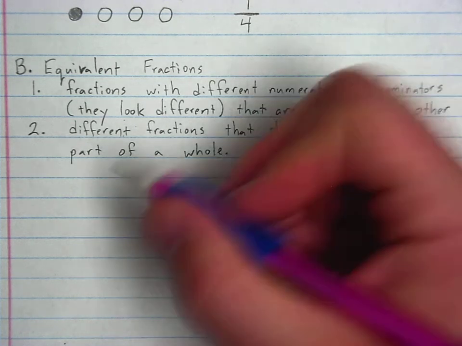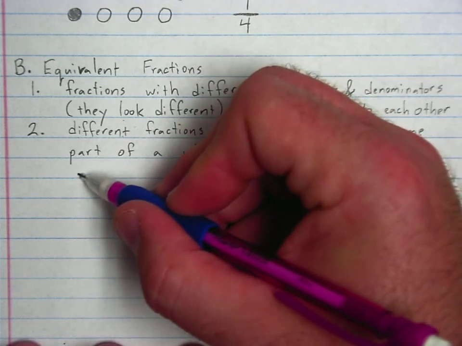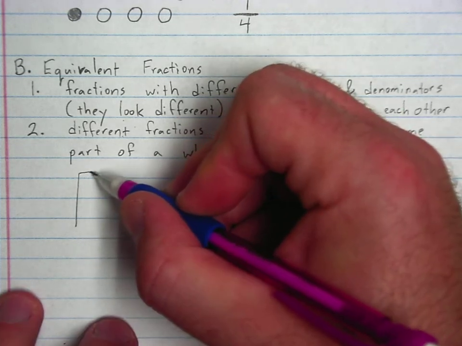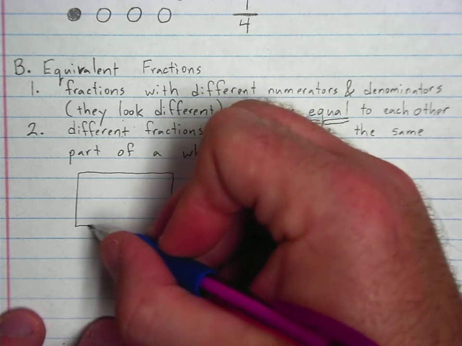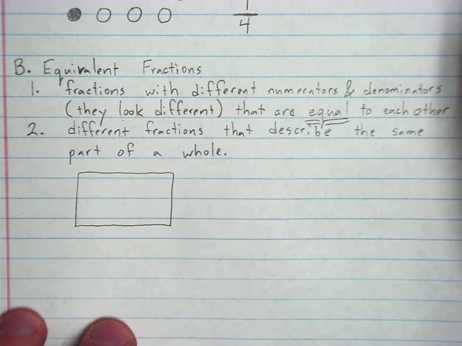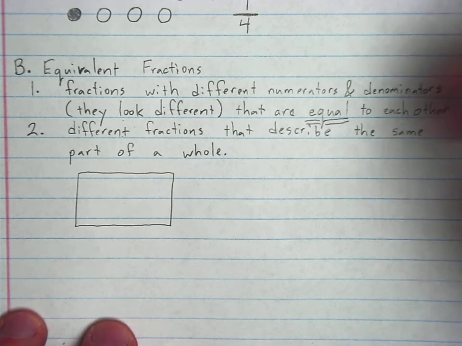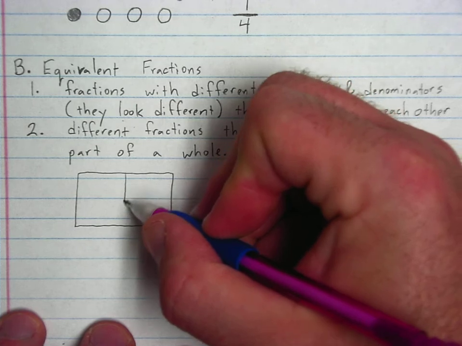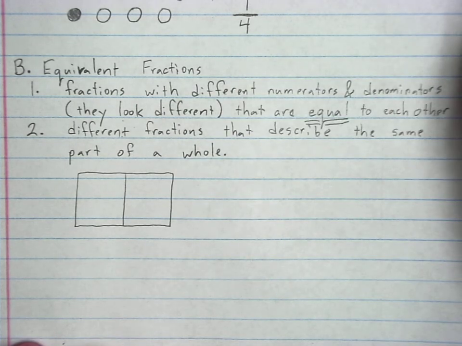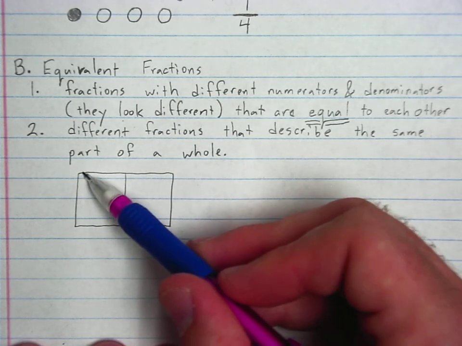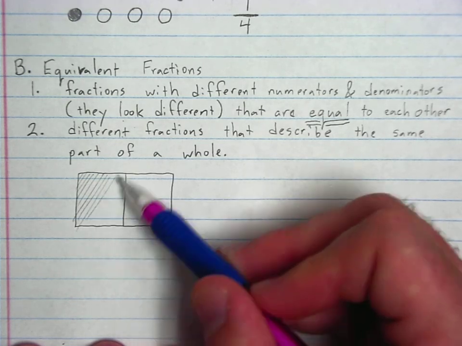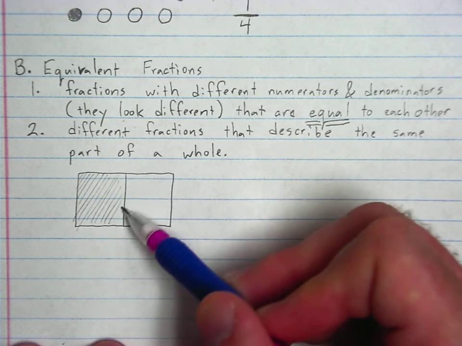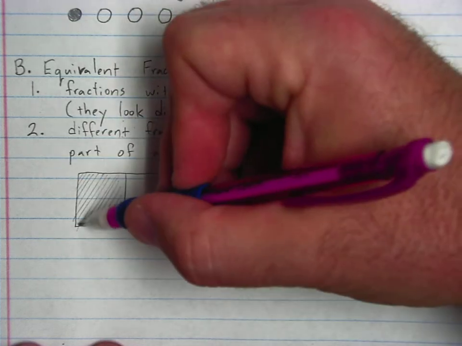Okay. Let's draw a region. So we'll draw a rectangle. And we'll cut it in half. And we will shade. Now you notice I'm not coloring it quite as dark this time. Okay. We'll shade it in.